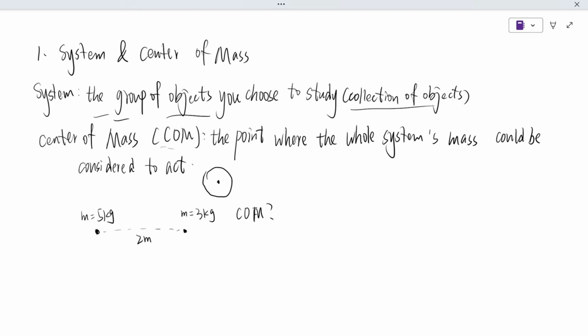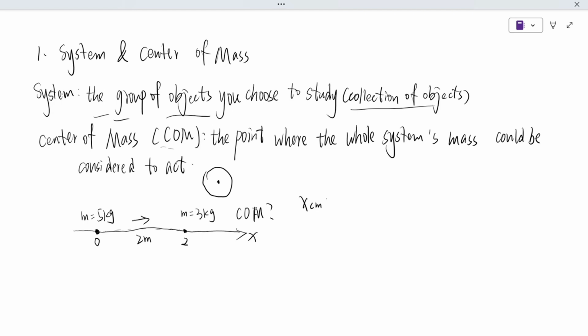So what we need to do is draw the number axis first, and then assume the position of the rock with the mass 5 kilograms is 0. Then the position for the rock with a mass of 3 kilograms is 2, because it is going right, which means this is positive 2. And then plug in this equation.